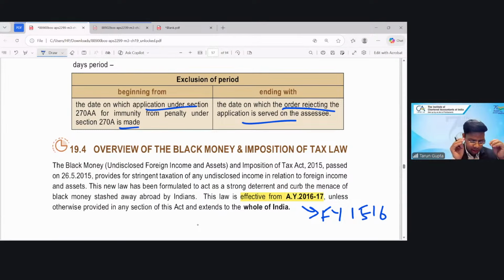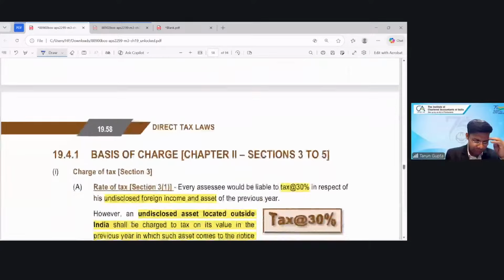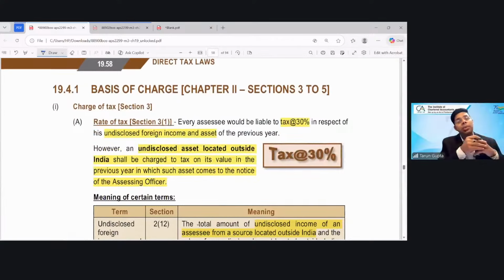If I give you a brief, it's applicable on undisclosed foreign income and undisclosed foreign assets. So two things: the undisclosed foreign income and the undisclosed foreign assets. If some person has income outside India which has not been reported in the Indian return of income, then such income is called undisclosed foreign income.